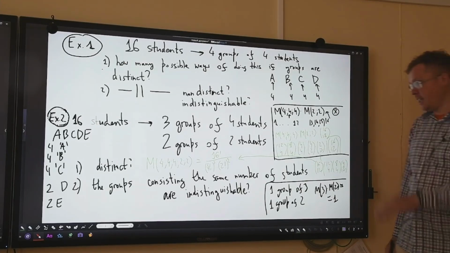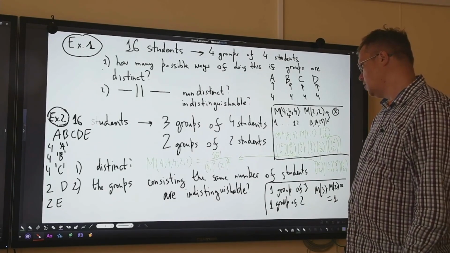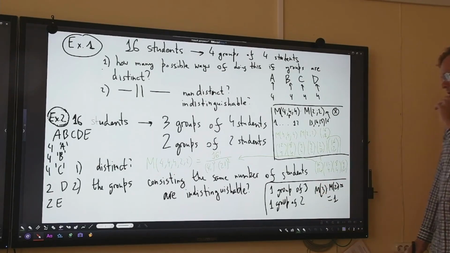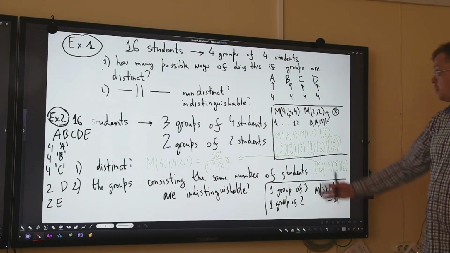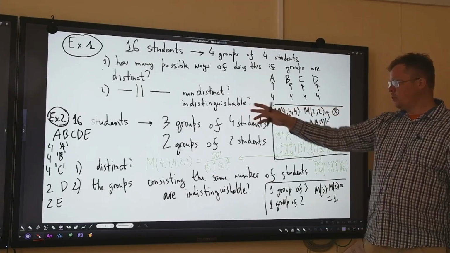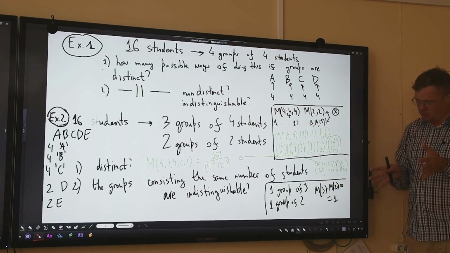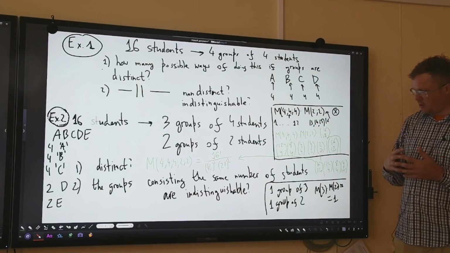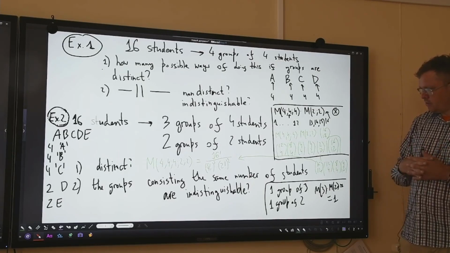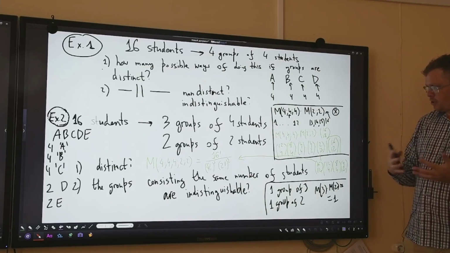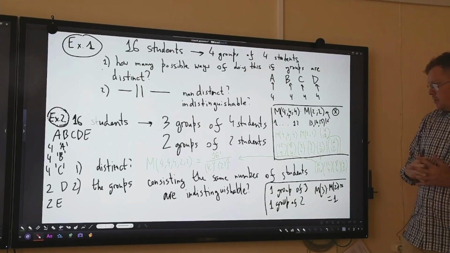And for the second one, some of you already showed me the correct answer. I need to use the same idea. If these groups are indistinguishable, I need to divide by the multiplicity of all possible permutations.